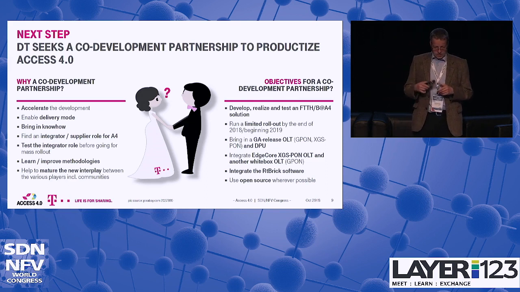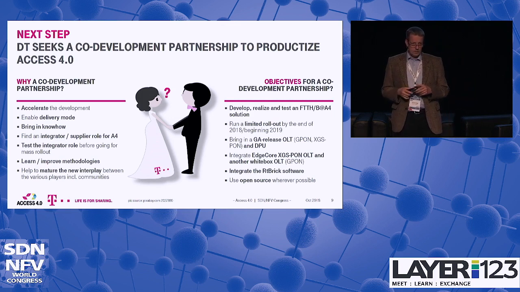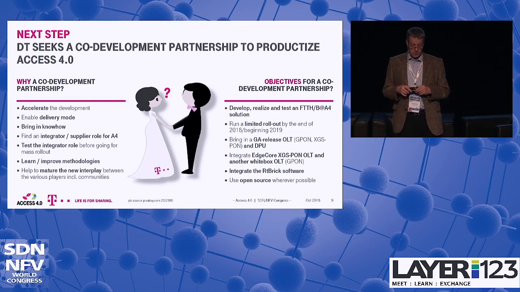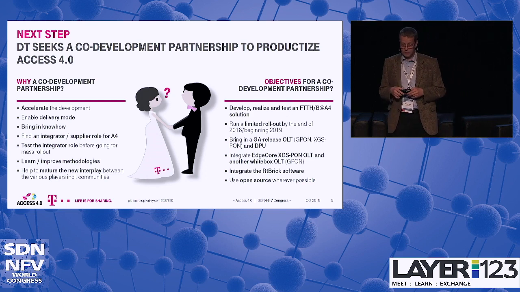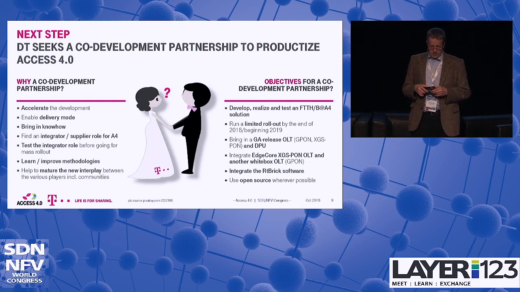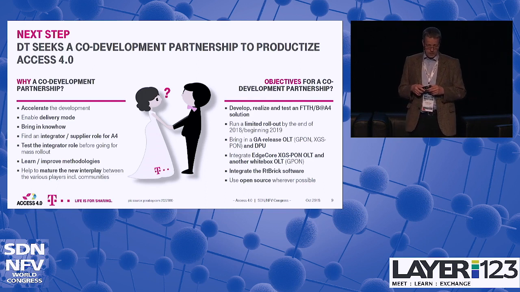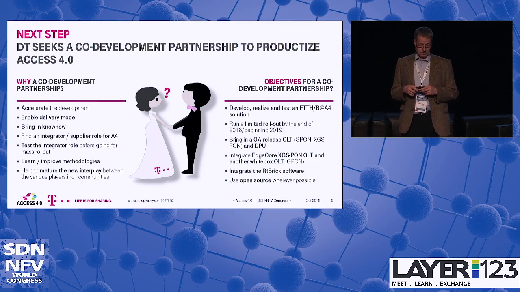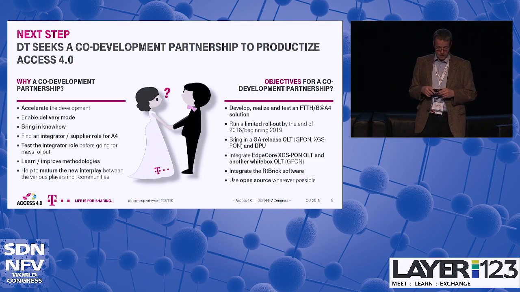Having a generally available release OLT means we are not focusing on a DT-specific hardware implementation here. This is applicable not only for the OLT but also for the DPU. The next step is to integrate the EdgeCore XGS-PON OLT and another white box OLT, because we are not only obliged to support XGS-PON, we also have to support the previous standard, GPON.